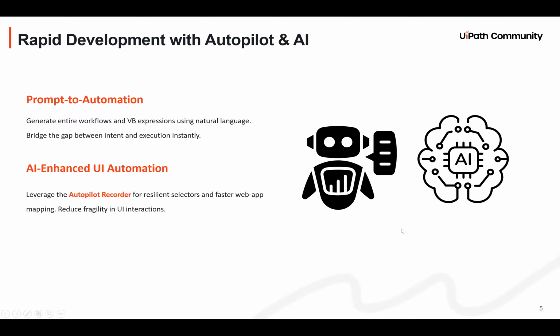Then AI-enhanced UI automation. Studio Web gives the capability to write a prompt to do UI automation in short. Like if we have to automate a website and do data scraping, we can just write a prompt that scrapes first name, last name, these kinds of data or field types, and it will generate a workflow for us.